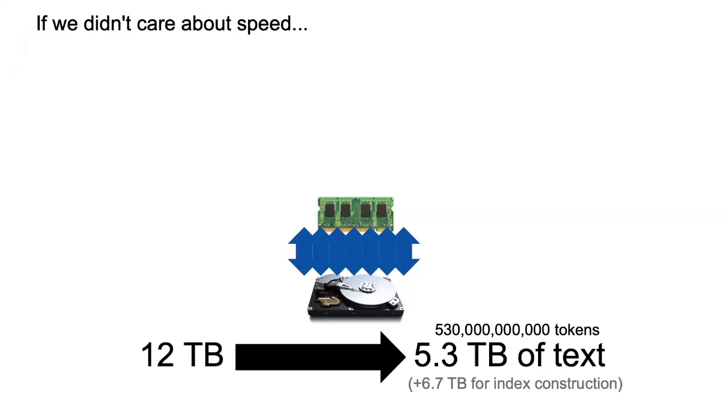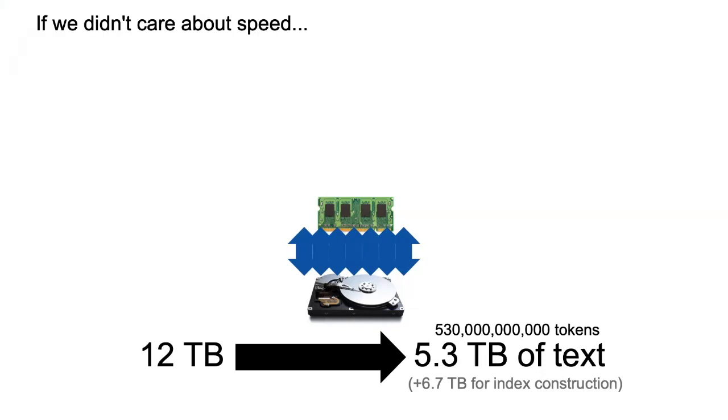So let's assume that. Then it means that you can fit on the disk 5.3 terabytes to store the actual collection, right? So these are the actual tokens. If you assume, in that case, 530 billion tokens, and you assume a specific average size for every token, maybe 10 bytes, for example.